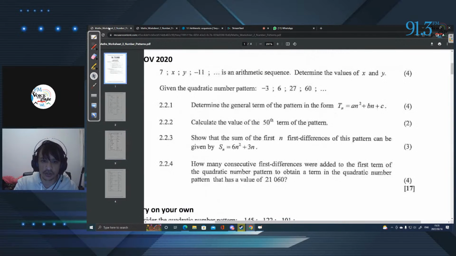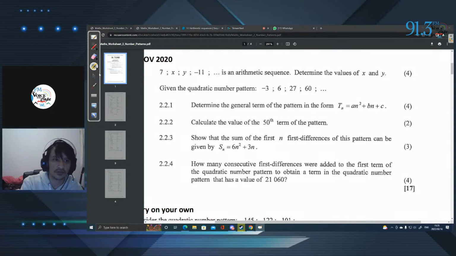Well, let's take a look at the question. How many consecutive first differences were added to the first term? So there they state that, right? So if I just highlight this information, let me just get a bolder marker. There we go. This is the first term that they state, right? They say how many consecutive first differences were added to the first term. What was the first term? -3. They're asking how many consecutive first differences.